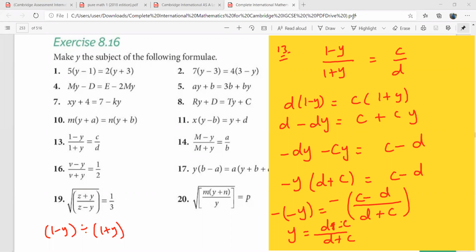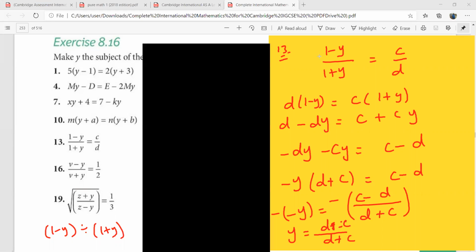Let me make it clear, like, many students get confused with this kind of a step. Look at this, bacho. This was actually minus into c minus d over d plus c. Now this is basically, can I say this is minus 1 over plus 1? Hmm?